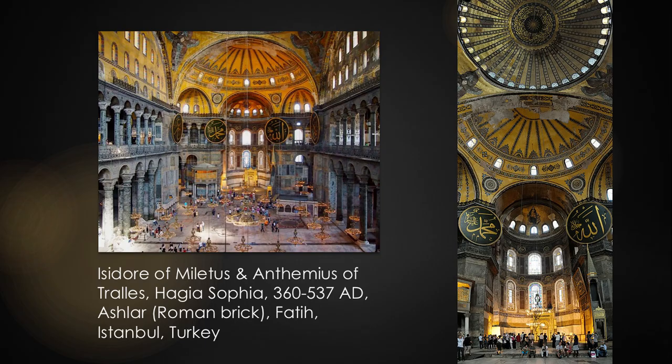Another example of art for religious use is the Hagia Sophia. It's located in Istanbul, Turkey. This building was originally built as a Catholic church by, well, I want to say Constantine, but it wasn't.